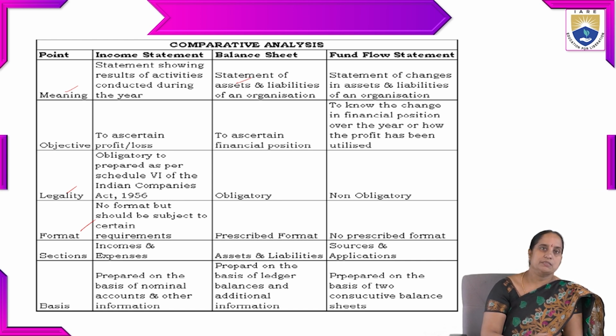Then coming to the basis, the income statement is prepared on the basis of nominal accounts and other information. The balance sheet is prepared on the basis of ledger balances and additional information. The funds flow statement is prepared on the basis of two consecutive balance sheets.